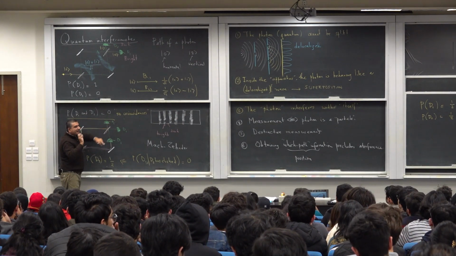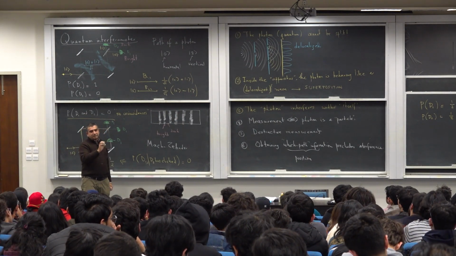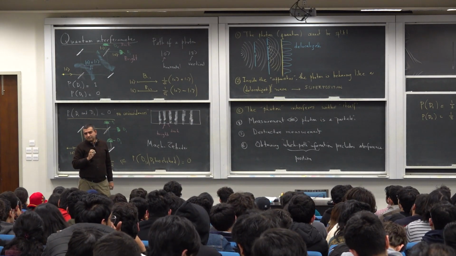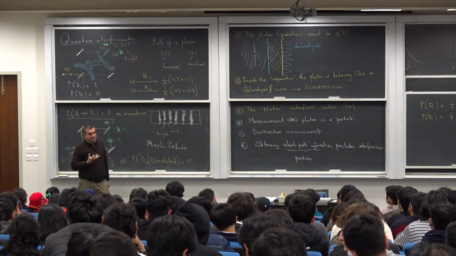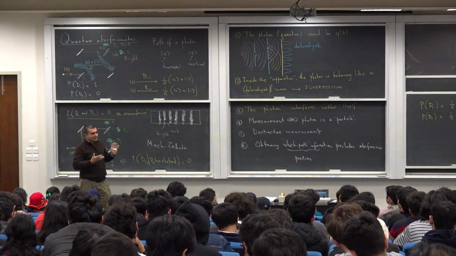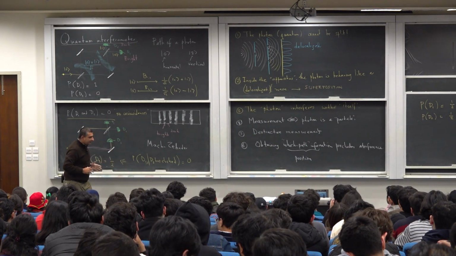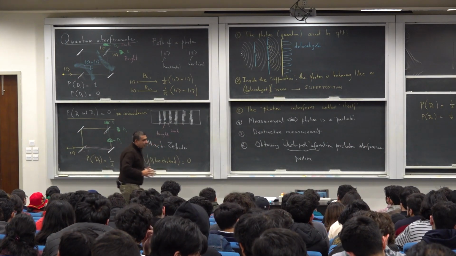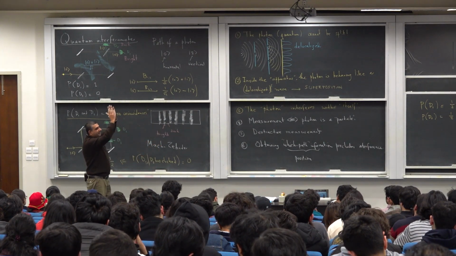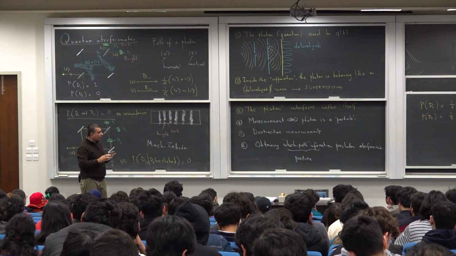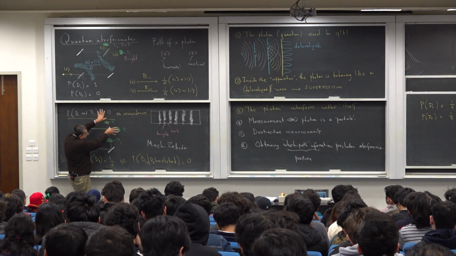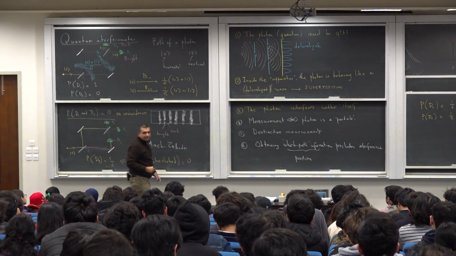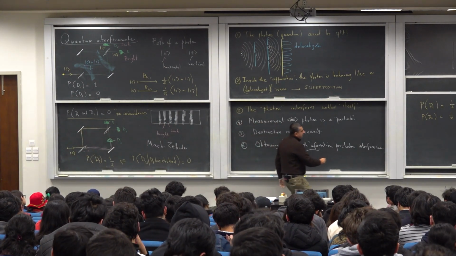So physicists like to call direction as momentum. Okay, they just like to call it that way. Direction is momentum, because momentum is a vector. So if you have a photon going horizontal, it's a horizontal momentum. A photon going vertical is a vertical momentum. So they like to call this direction in which the photon comes out as momentum, linear momentum or just momentum.